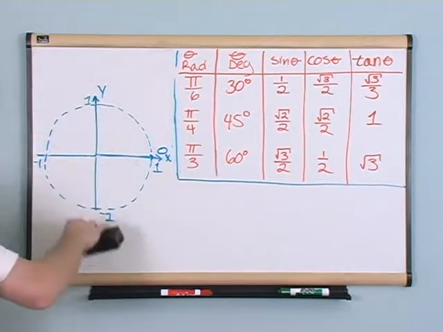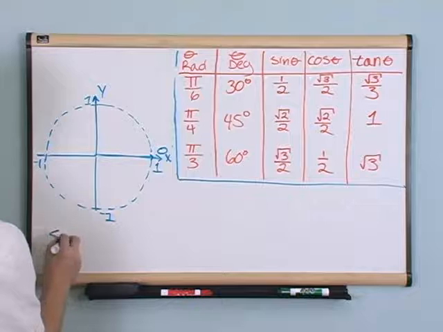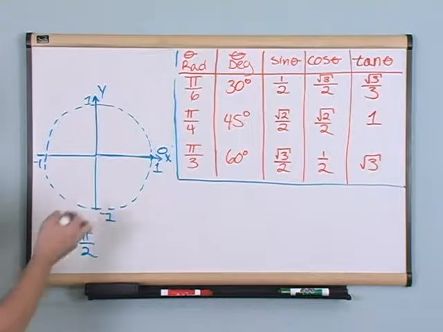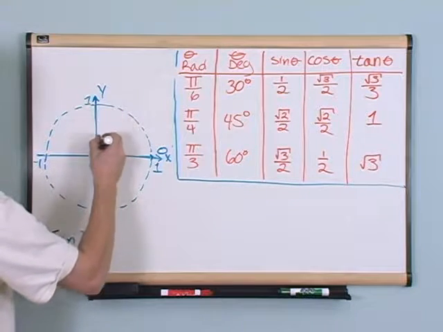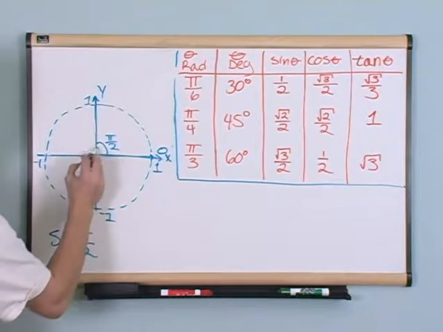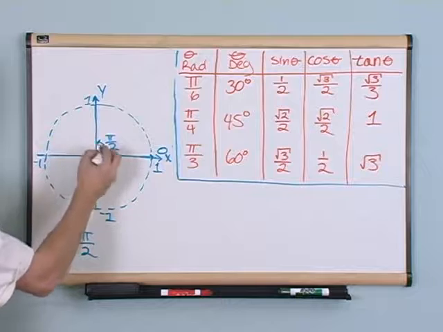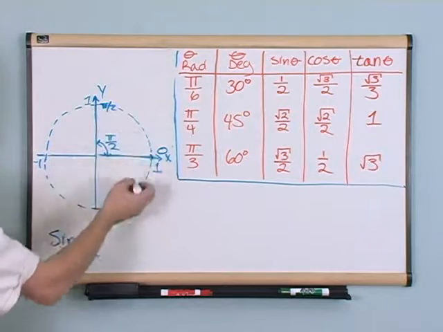Let's do some other very useful ones like this. Let's say I have sine of pi over 2. Remember, pi over 2 is up here, this line right here. So this angle would be pi over 2 between this line and this line, which is 90 degrees, by the way. You can refer back to the previous lesson on that. And this is 0.